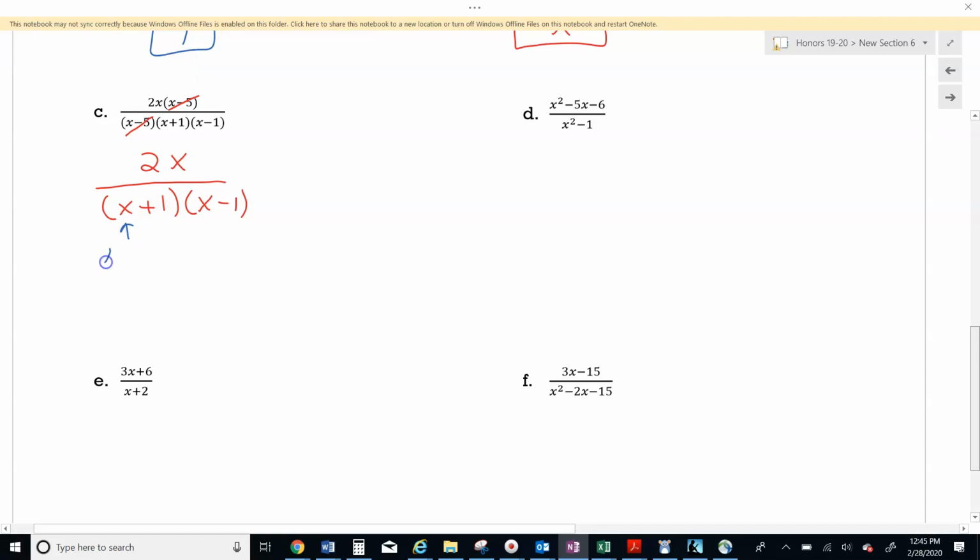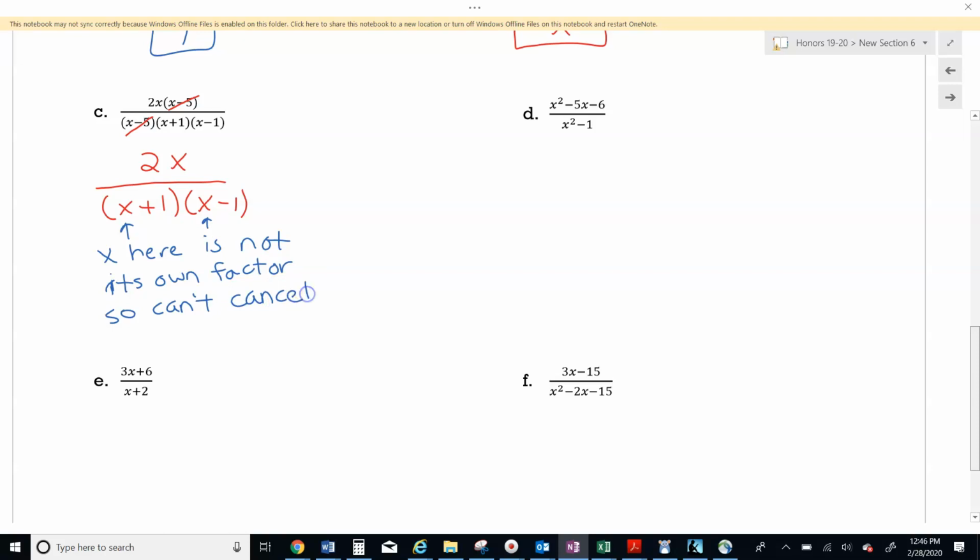The x here is not its own factor, so it can't cancel with the x in the numerator.